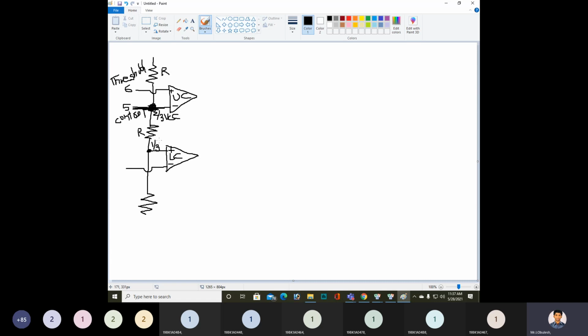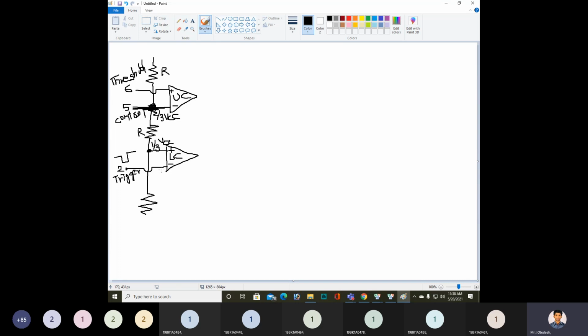We will discuss in detail. First, you draw the block diagram. This is the trigger. The voltage you need to apply from this second pin. This is the trigger input.